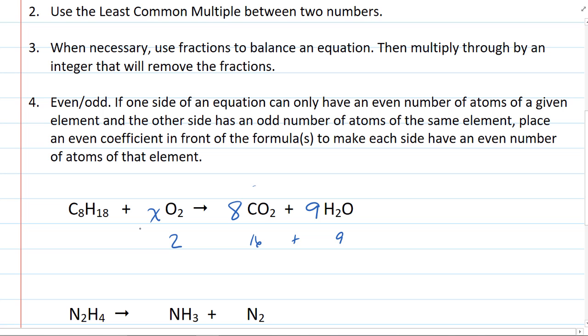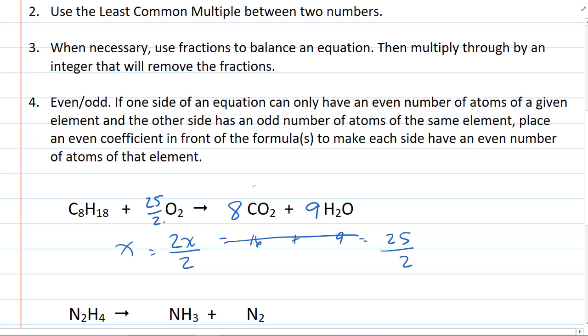So 2 times x is equal to 16 plus 9, which adds up to 25. To solve for x, we divide each side by 2, and x is equal to 25 halves. We place the 25 halves in here.